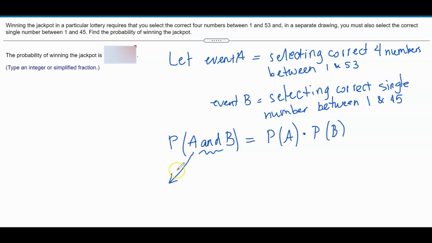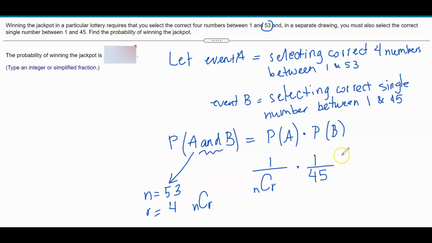So the total number of possibilities would be N equals 53, and we need 4 numbers, R equals 4. Since order does not matter, that would be a combination. And the probability would be 1 out of nCr, times the probability of event B, selecting the correct single number between 1 and 45, which would be 1 out of 45 numbers.